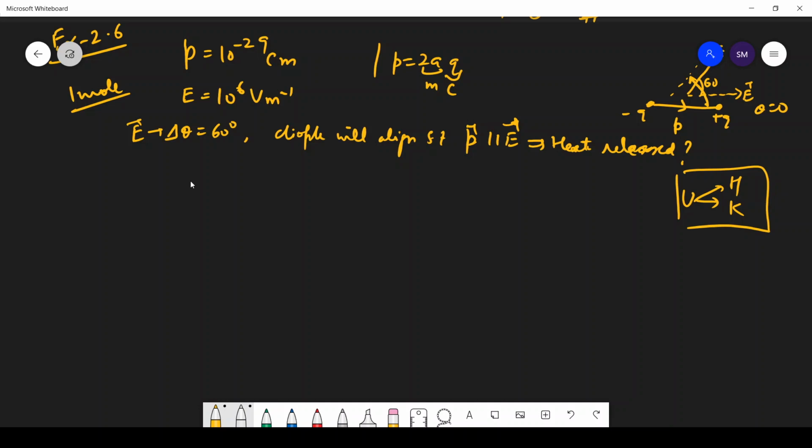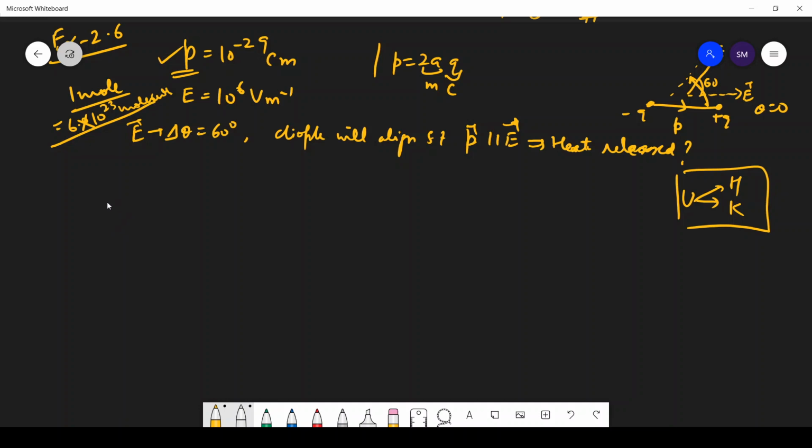The dipole moment of each molecule is this much, and how many molecules do you have? Let us take, for simplicity, 6 into 10 to the power 23 molecules with this dipole moment.